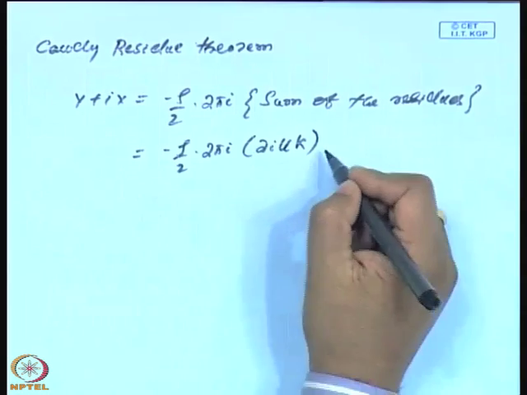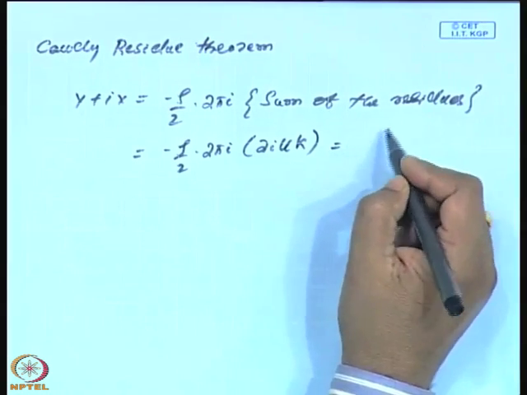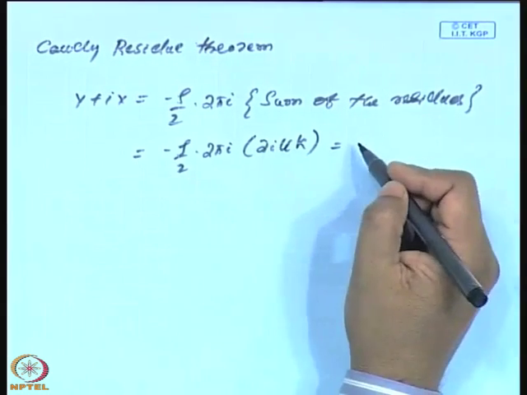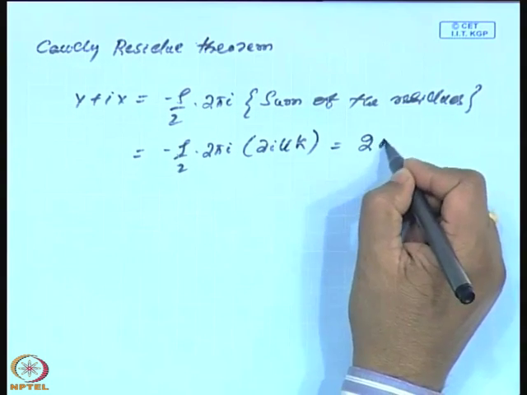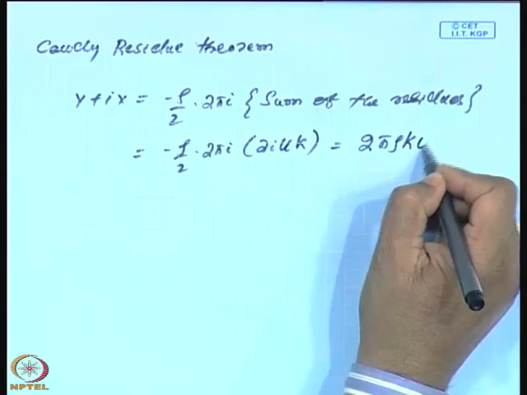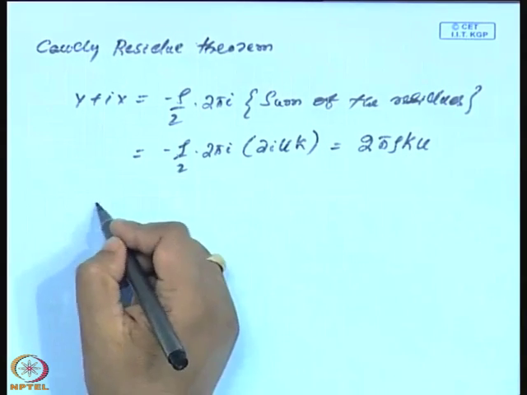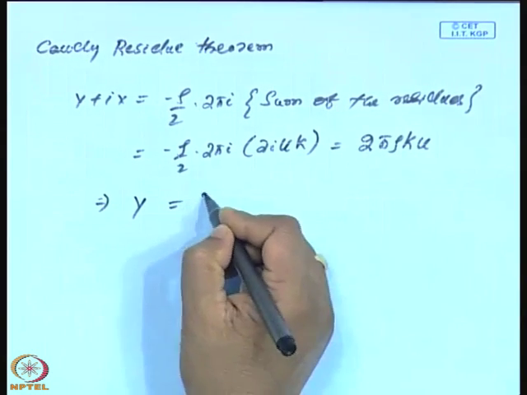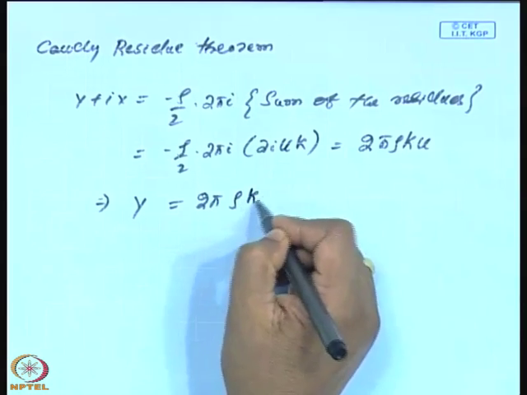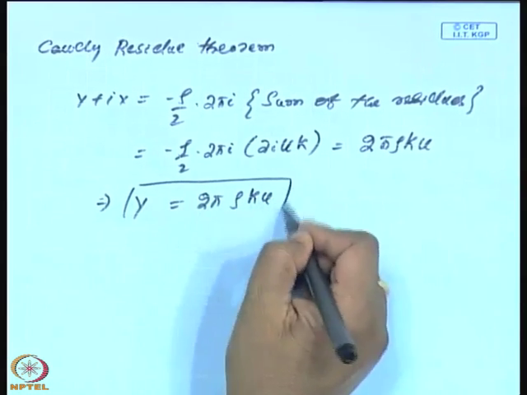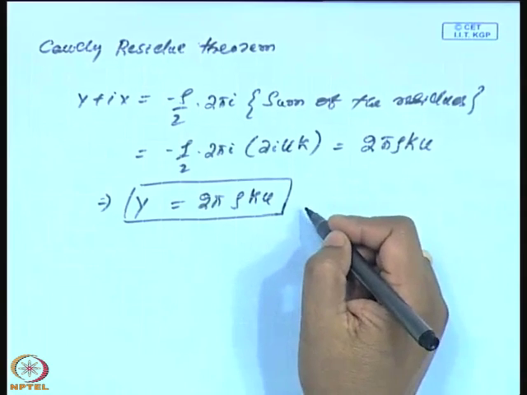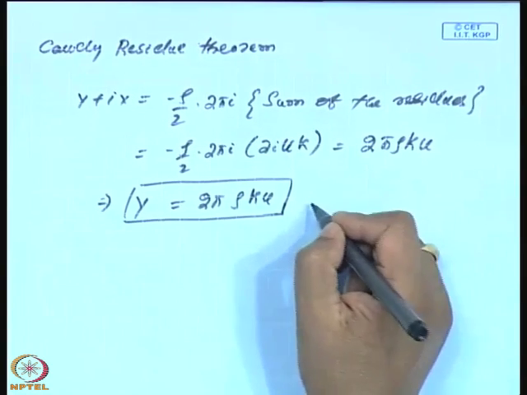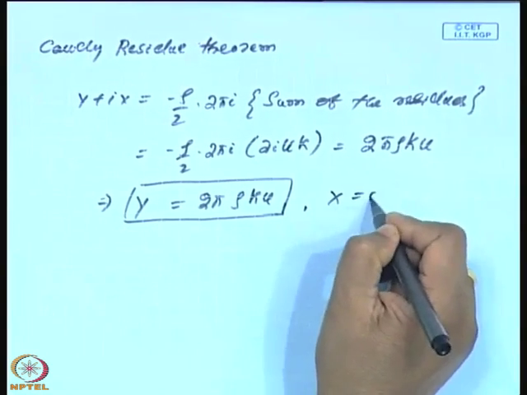That will give me 2 pi rho kU. And from this I can say that Y is 2 pi rho kU, and the X part is 0.